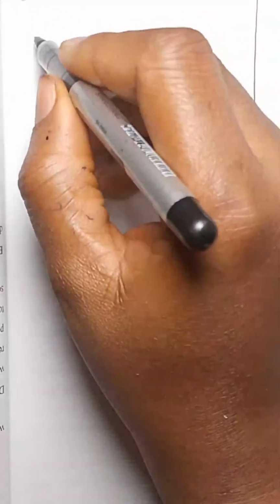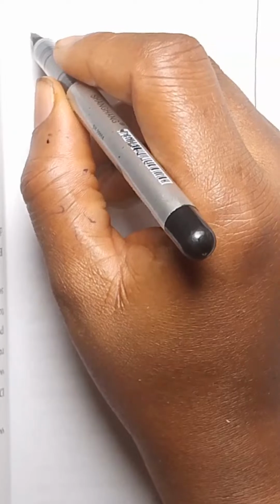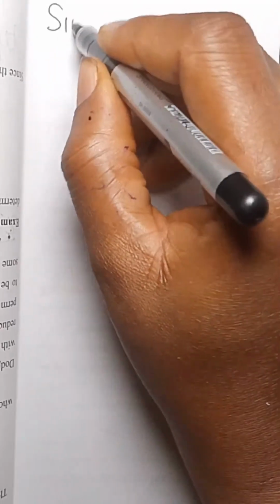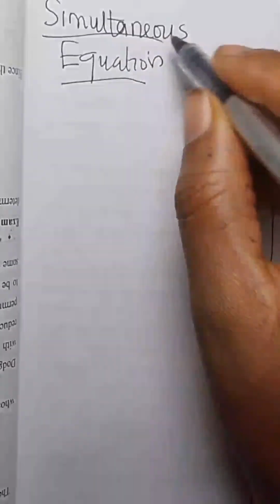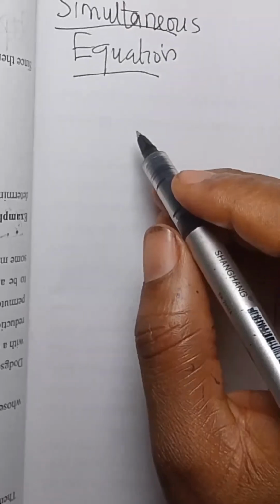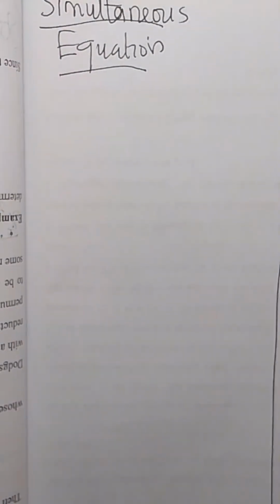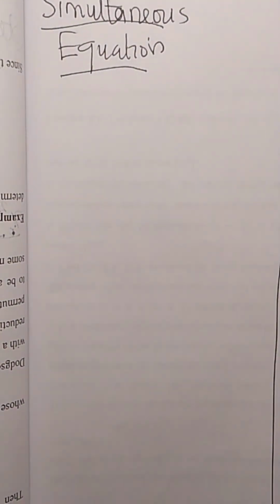So let's solve simultaneous equation. Simultaneous equation is just a mathematical question where you have two equations together having two variables. Then you have to find each of the variables.